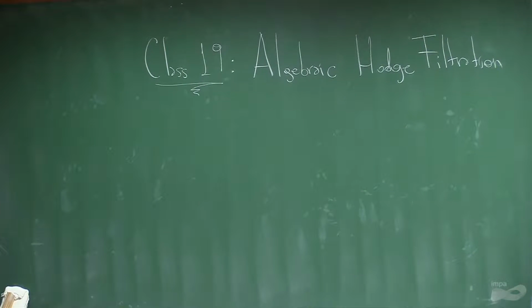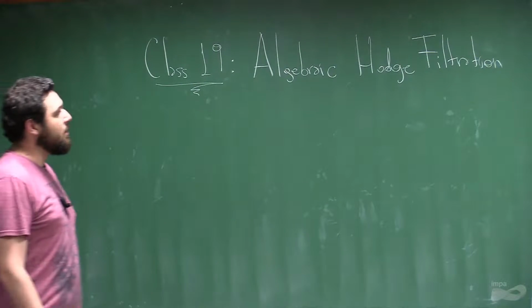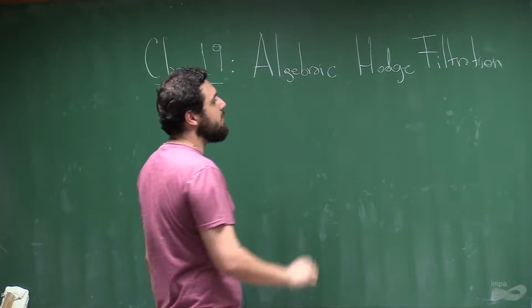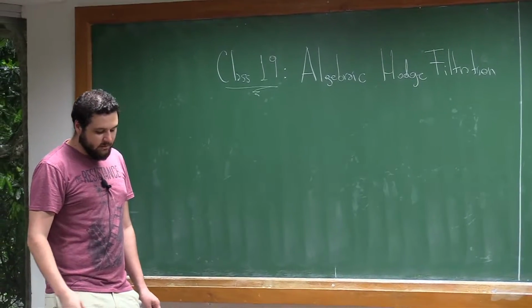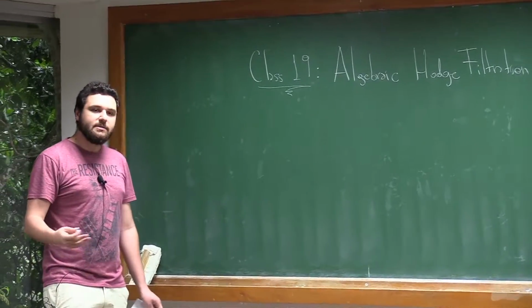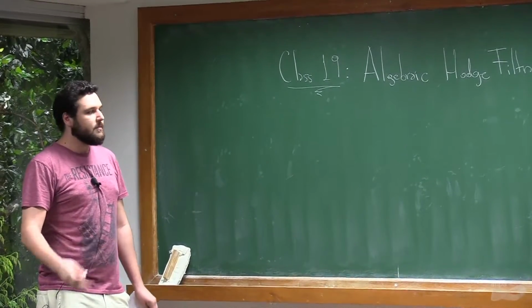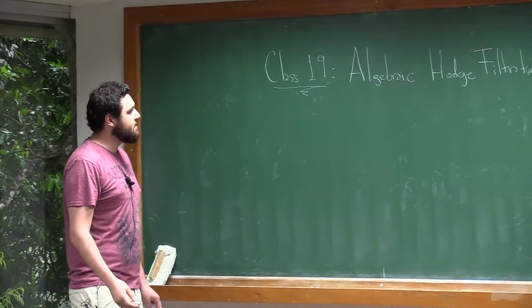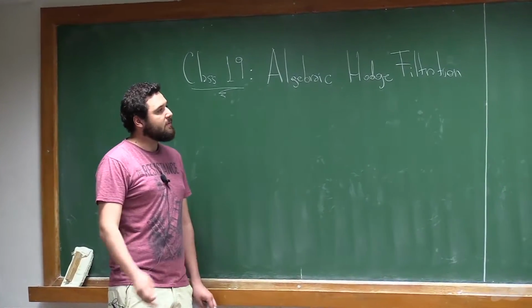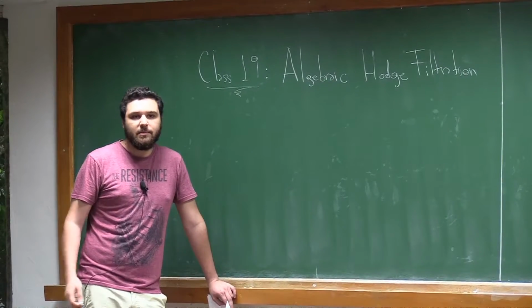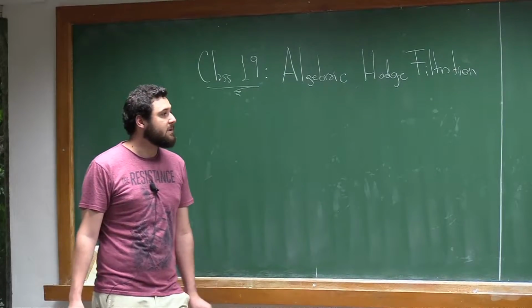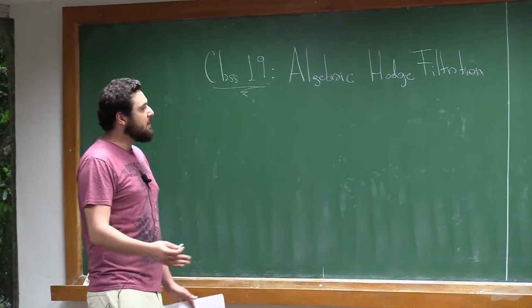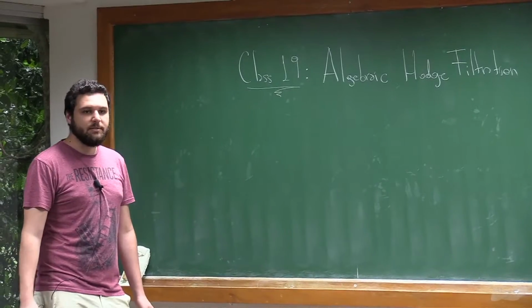Just using algebraic differential forms, and we will see that we also can recover the Hodge filtration, and we can do this in such a way that we can generalize this to other contexts, not just for algebraic varieties defined over the field of complex numbers, but in much more generality, right?